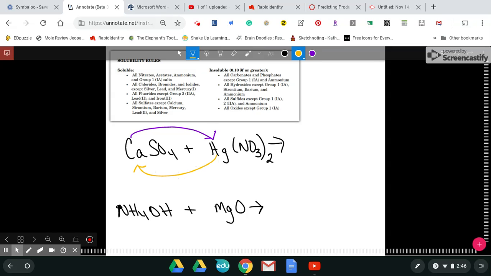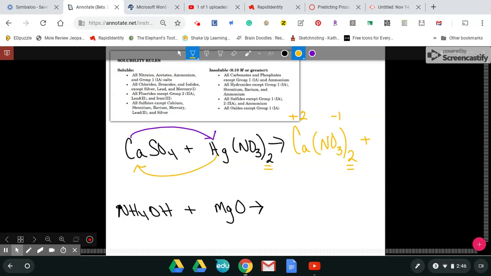So the first thing I want you to do is let's go ahead and just make the products. So calcium is going to combine with nitrate. I'm not just putting this here because it's what it was on this side. I'm putting this here because this is +2 and this is -1. And when you cross it, I need 2 nitrates to fix it.